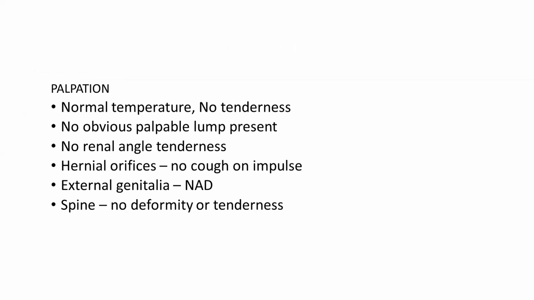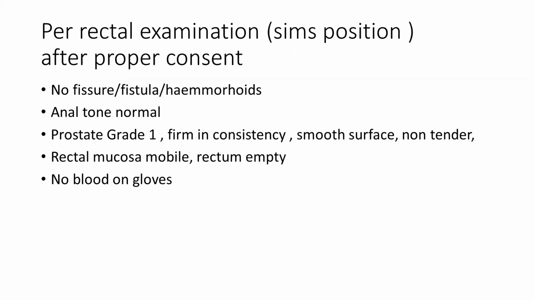On palpation, no obvious palpable lump, no renal angle tenderness, renal output is normal. Percussion is normal. DRE is also normal: prostate grade 1, firm in consistency, smooth surface, non-tender, rectal mucosa is mobile, and rectum empty.